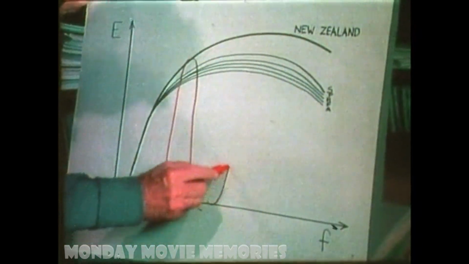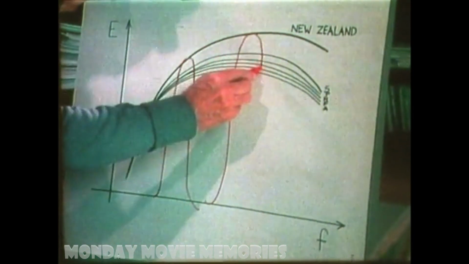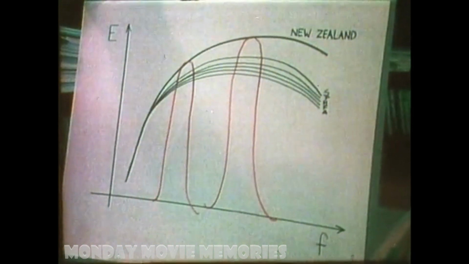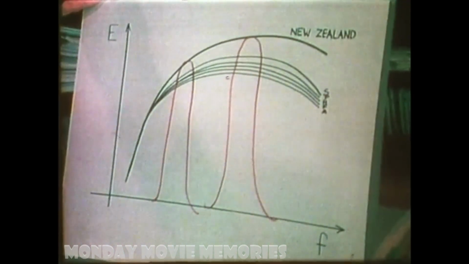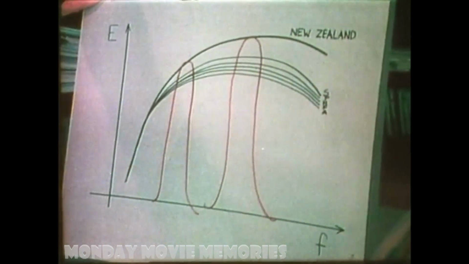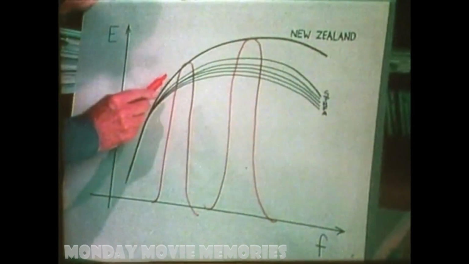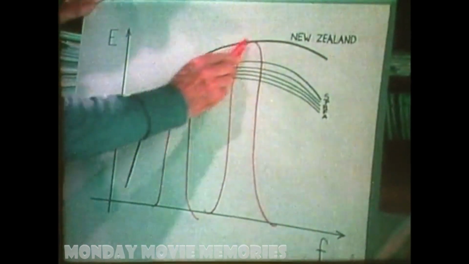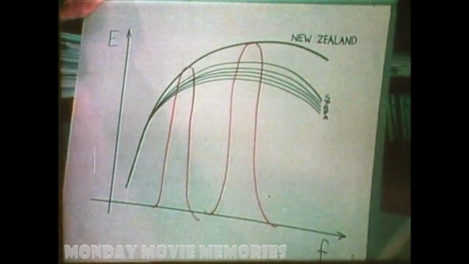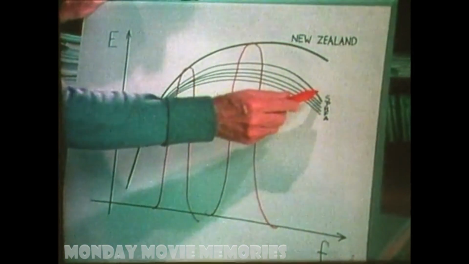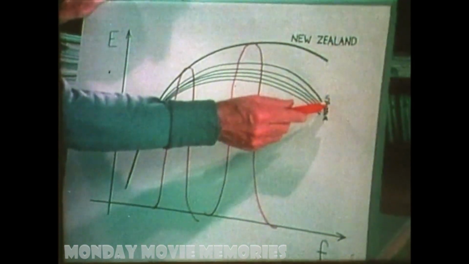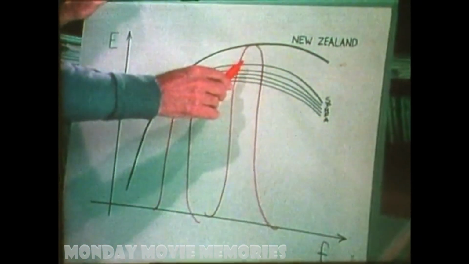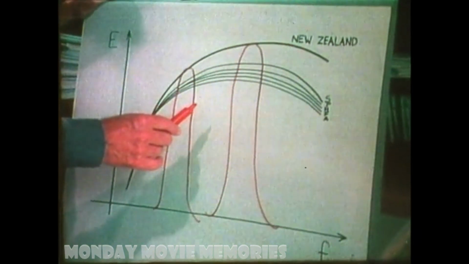A day later, the peak has wandered to higher frequencies and may look like this, simply because the high-frequency waves move slower and come in later. And if you now plot a curve through the peaks of this wandering spectrum, you get the curve marked New Zealand. Now, similar things happen at the other stations, Samoa, Palmyra, and going north, only that these peaks come in somewhat later because the stations are further from the storm.